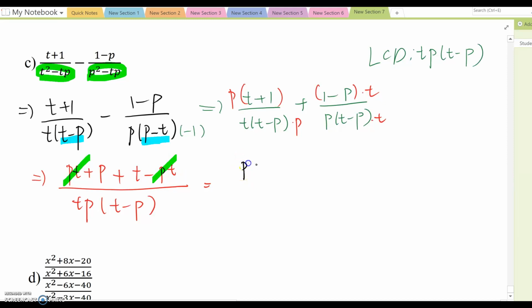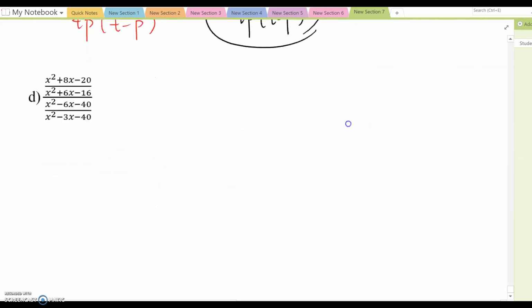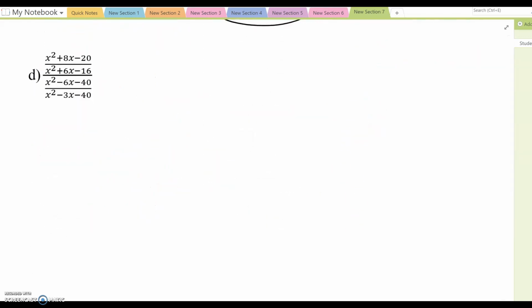Therefore, p plus t over tp(t minus p). Since p plus t and t minus p are not opposites, that is the answer. Okay? So, letter D here. Yeah, this is the hard question.